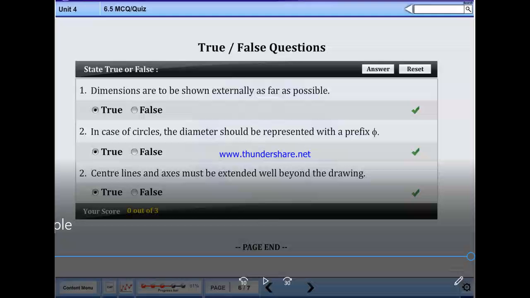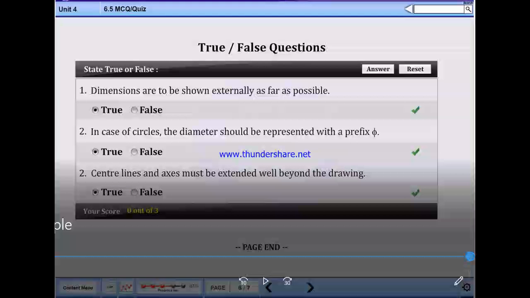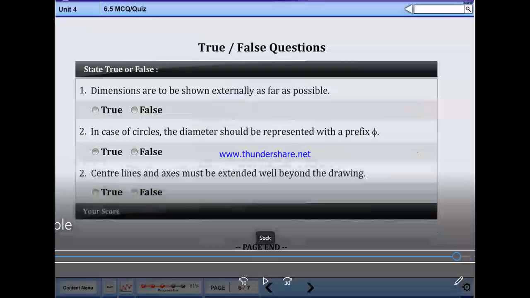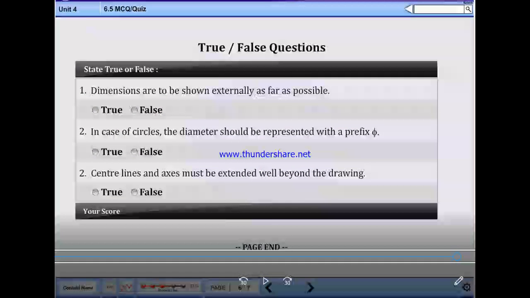Now with this, we will give some true or false questions. Dimensions are to be shown externally as far as possible. Yes, it is true.